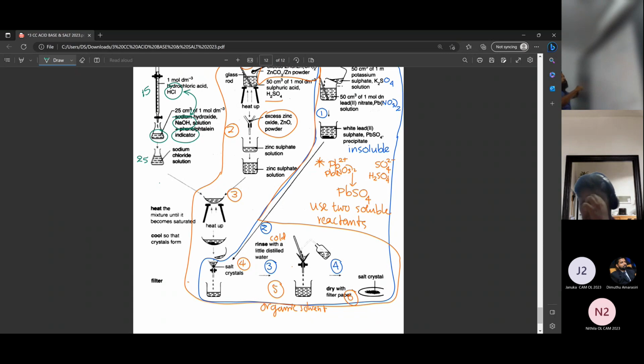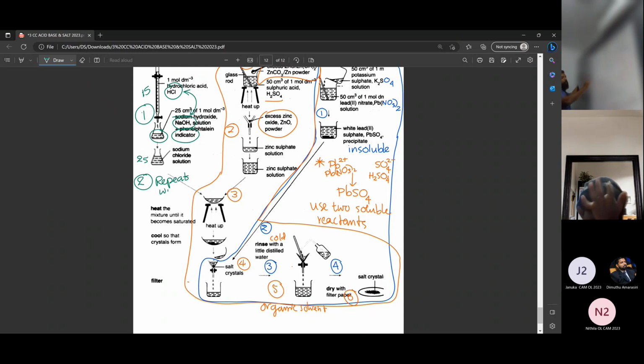Now this is with phenolphthalein. Since we have the phenolphthalein in the solution, you can't crystallize it. So this is your step 1, titration. Step 2 is repeat without indicator.